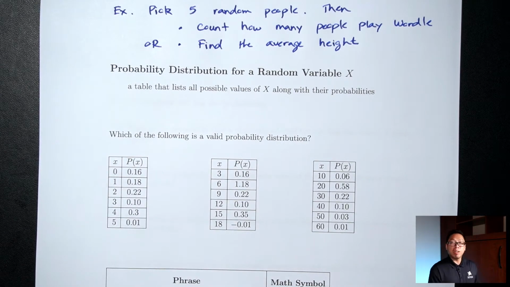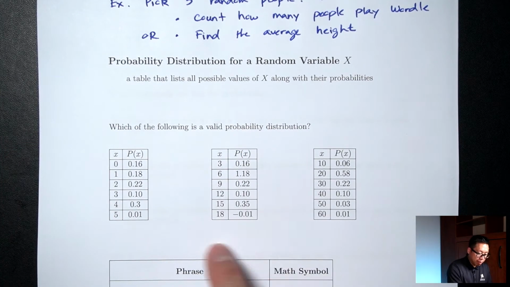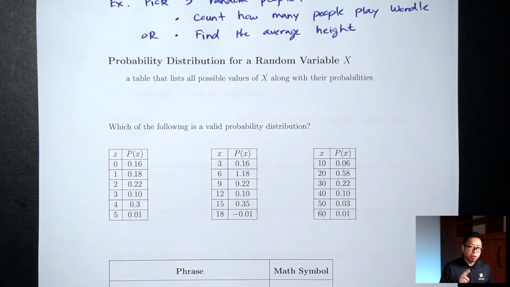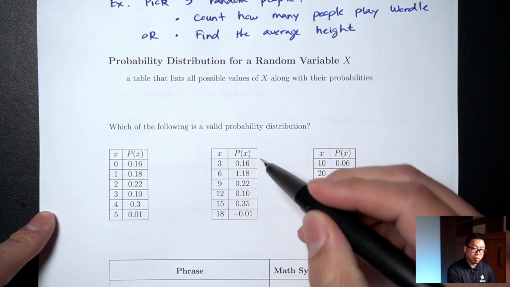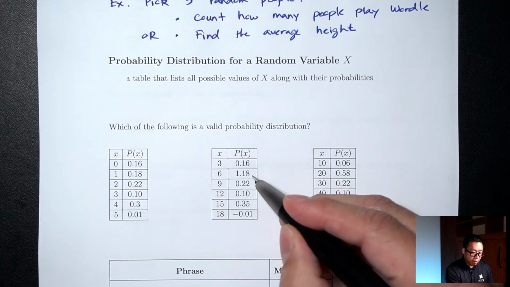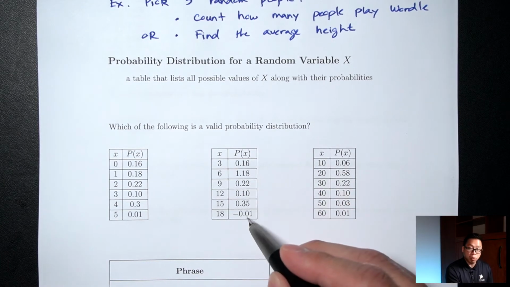So back to what are the requirements of a probability distribution. Let's take a look at the probabilities in this second table. There are 2 things that stand out to me. These are supposed to be probabilities, and remember, probabilities are always going to be numbers between 0 and 1. I see a 1.18. That's not between 0 and 1. I also see a negative 0.01.